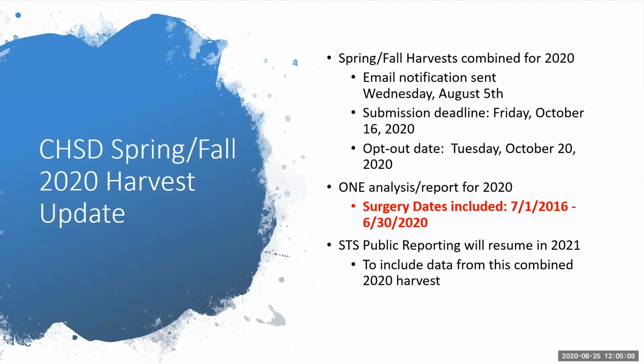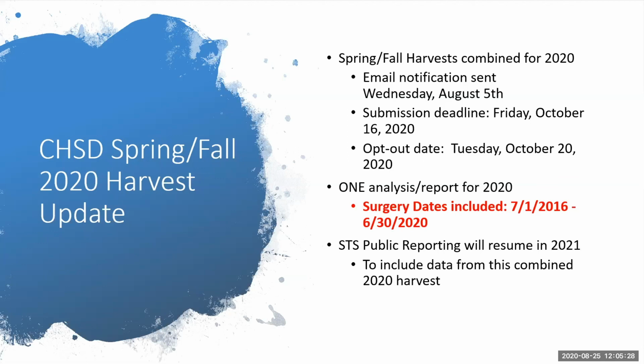Also, a friendly reminder that it is not necessary to submit the entire 4-year analytic period. For example, let's say you participated in the fall 2019 harvest and you submitted data up through 6/30/2019, and you have not gone back and touched any of that previous data or done any updates.